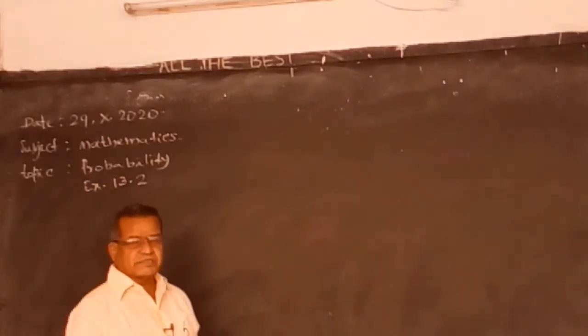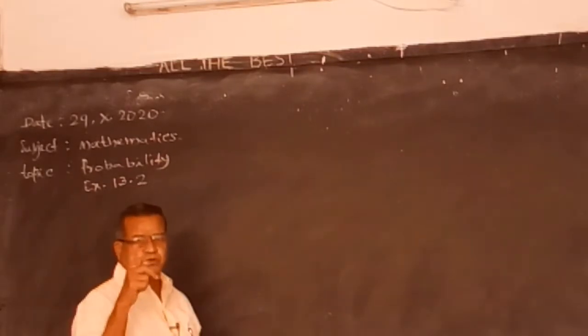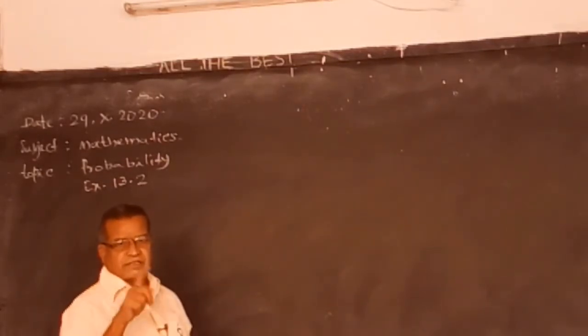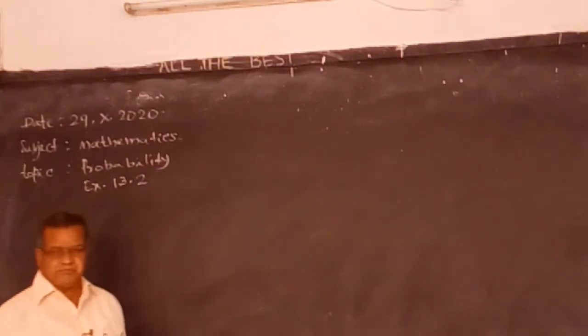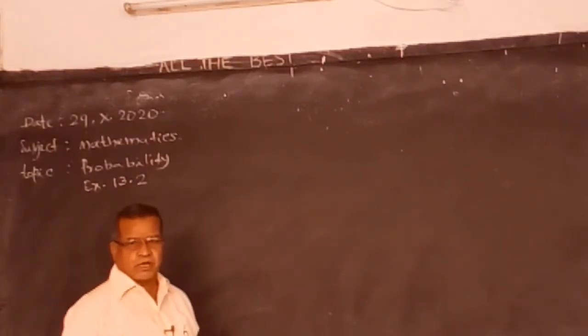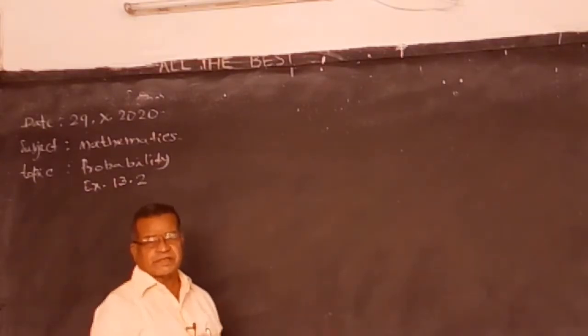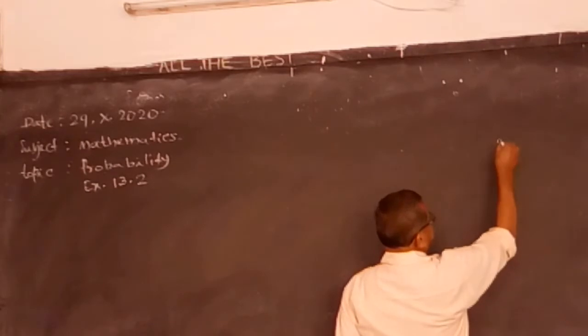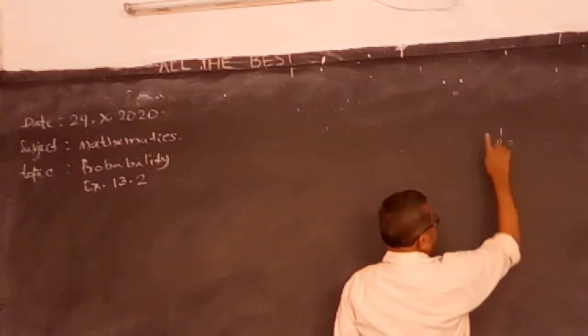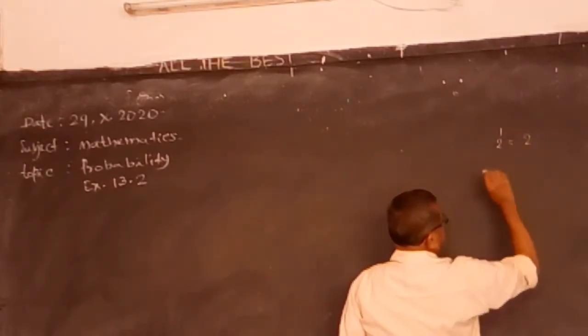When we toss a coin one time, we get two outcomes, head or tail. We may see head or tail. There are two possibilities. 2 power 1, two outcomes.